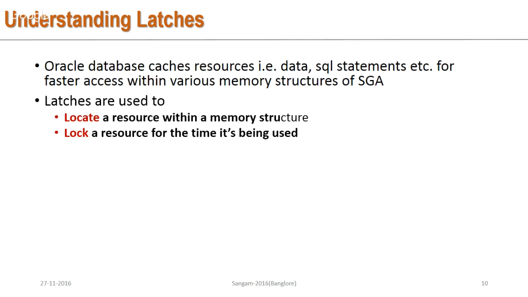So the latches are basically available by the Oracle to implement this thing, that how exactly we have this resource that we're looking forward to be found, and once it is found, how exactly we can lock it so that that particular resource should not be tampered with or should not be deallocated from the memory of the database server.